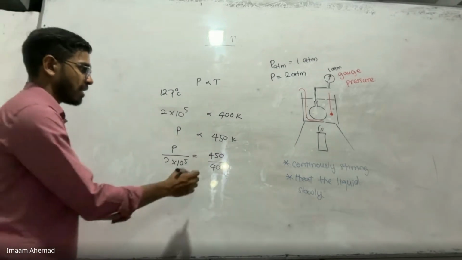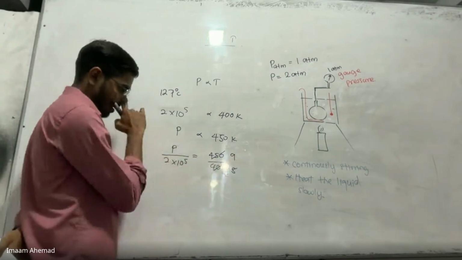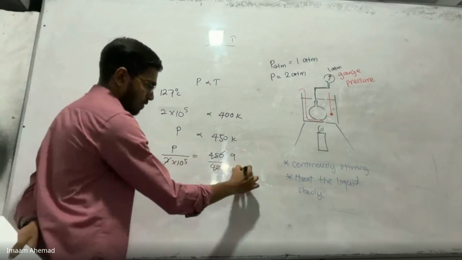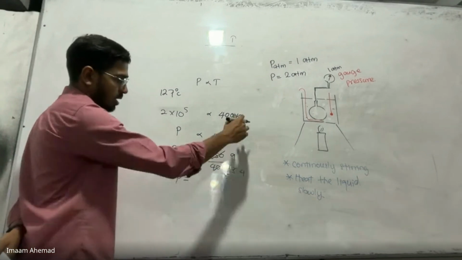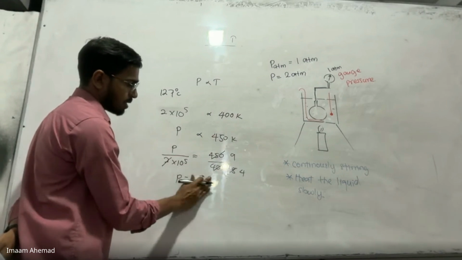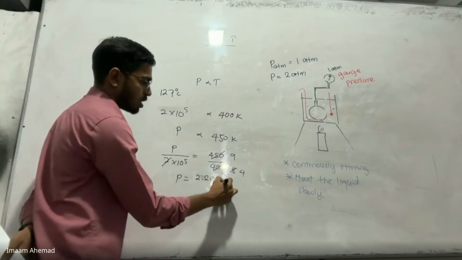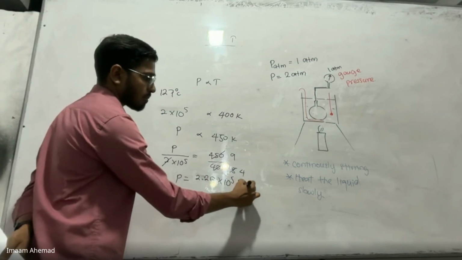We can divide it by 50, then 9/8. Then P is equal to 9/4, that's 2.25 into 10 to the power 5 Pascal.